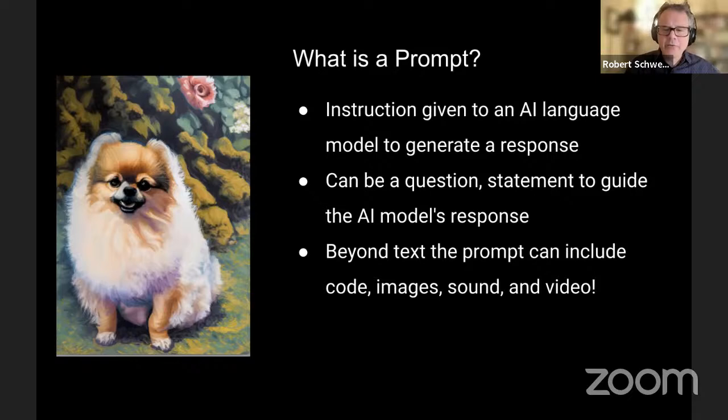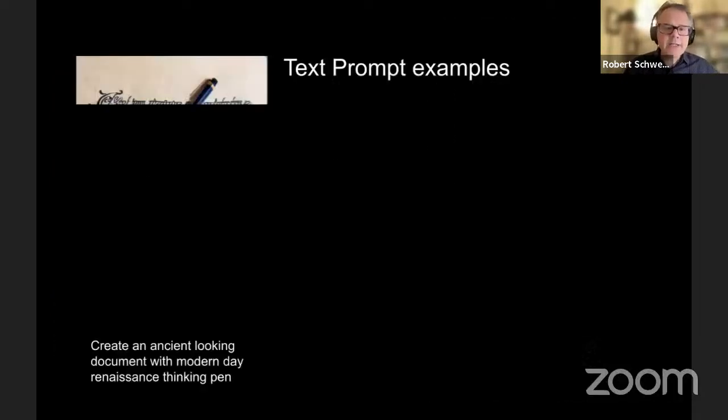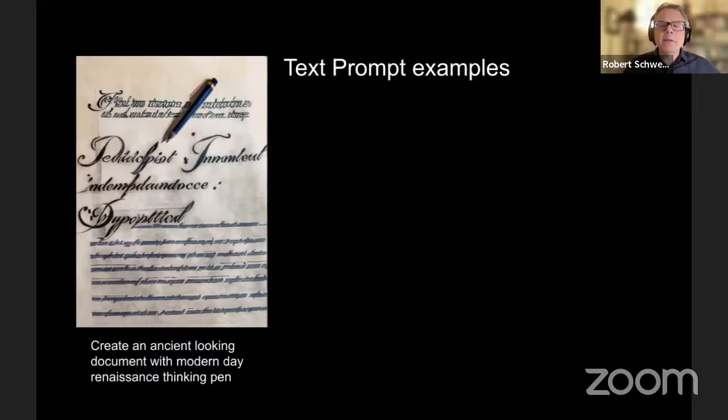We mentioned how prompts themselves can include other elements. And so, as an example of a text prompt, imagine that one is creating an ancient looking document with modern Renaissance thinking pen. So one may try prompts of any sort to seek outputs that they desire.